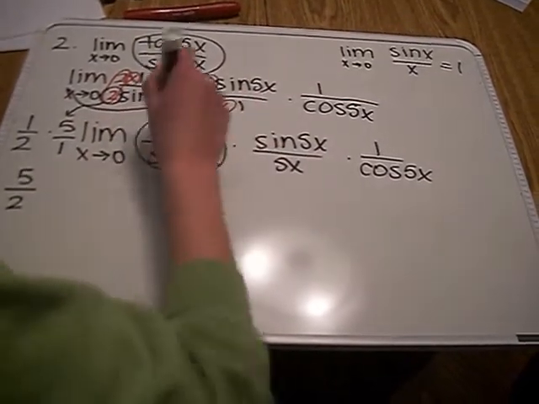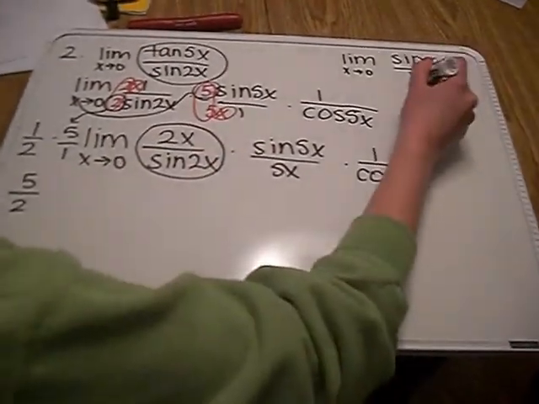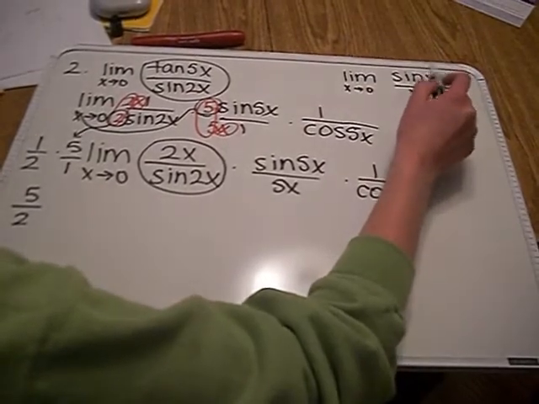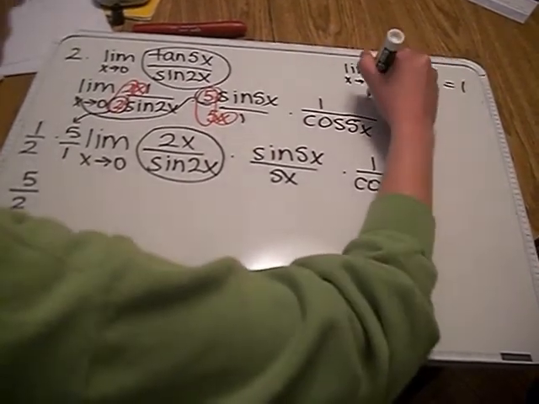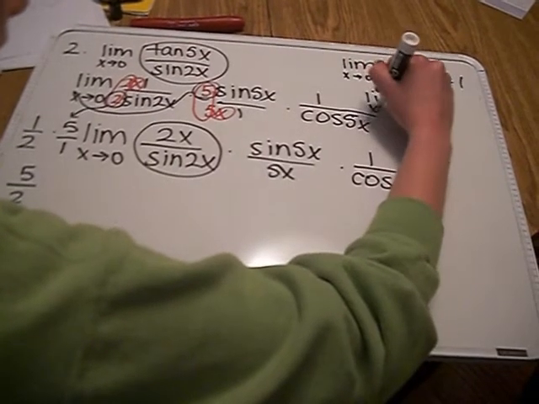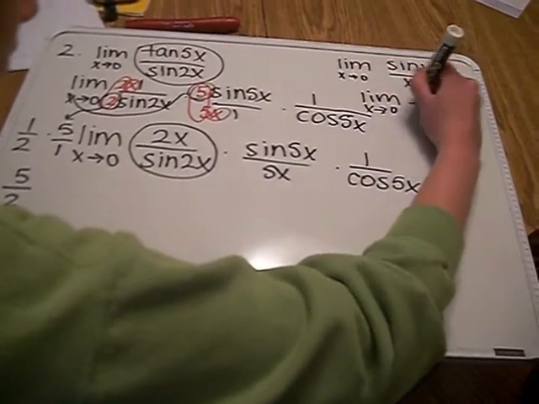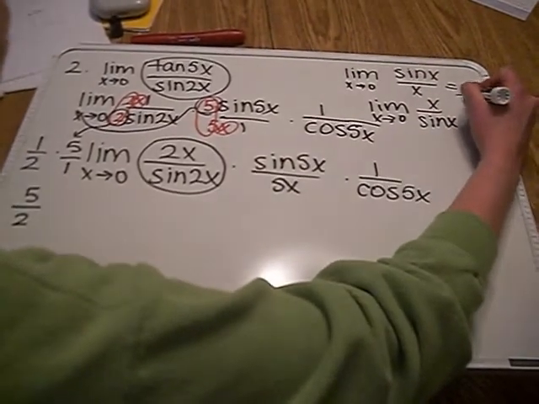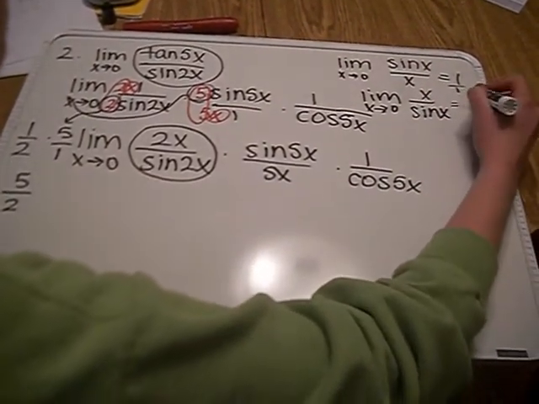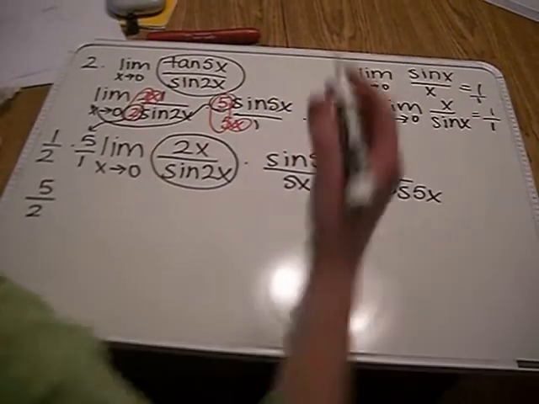This one you might be a little bit confused on because up here we see that sine of x has to be on top. However, if you think about it, if we reverse this so that it's the limit as x approaches 0 of x over sine of x, in the original equation this was 1 over 1, so even if we took the inverse of this, it would still be 1 over 1.